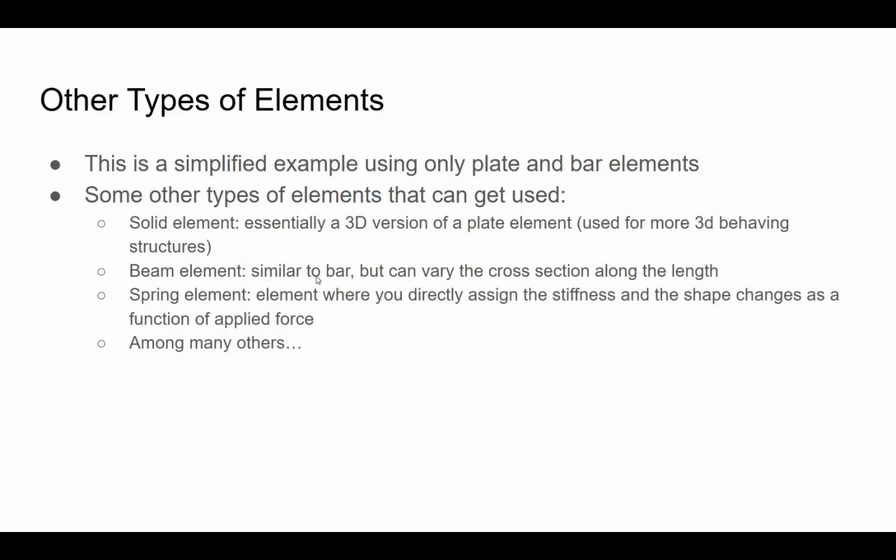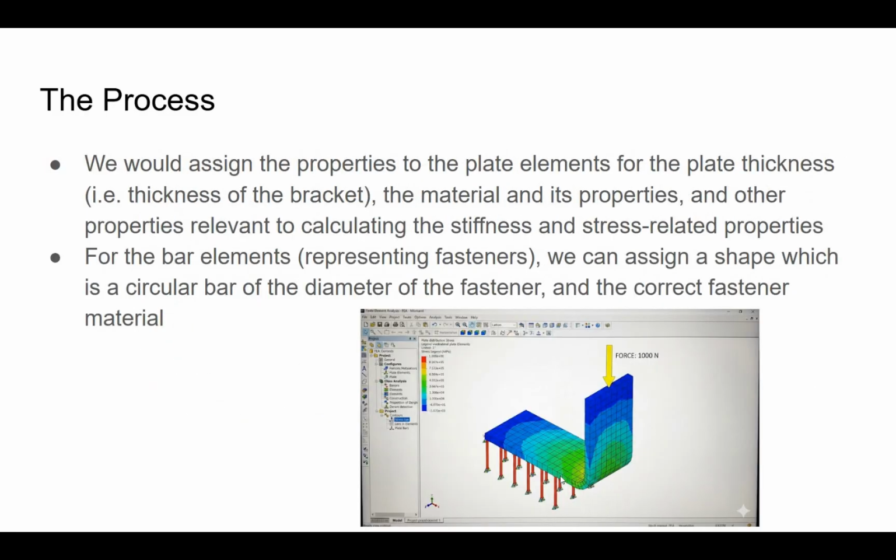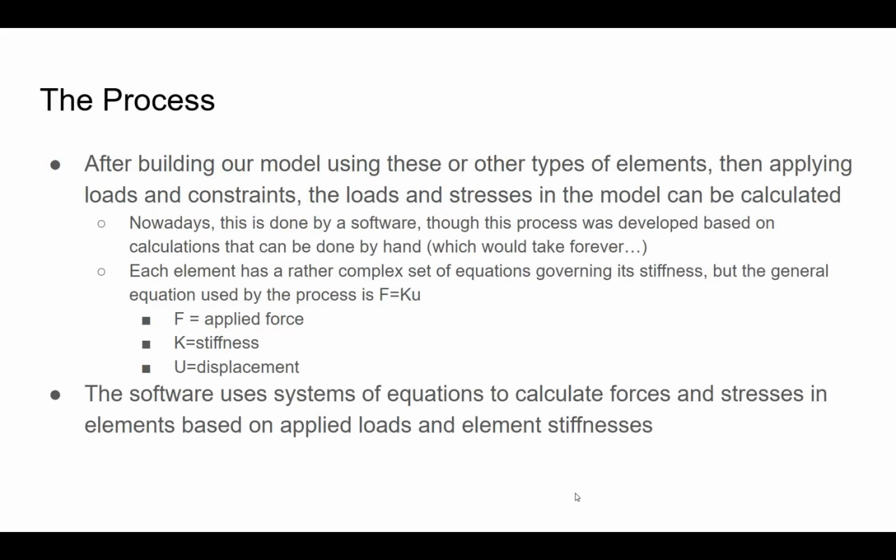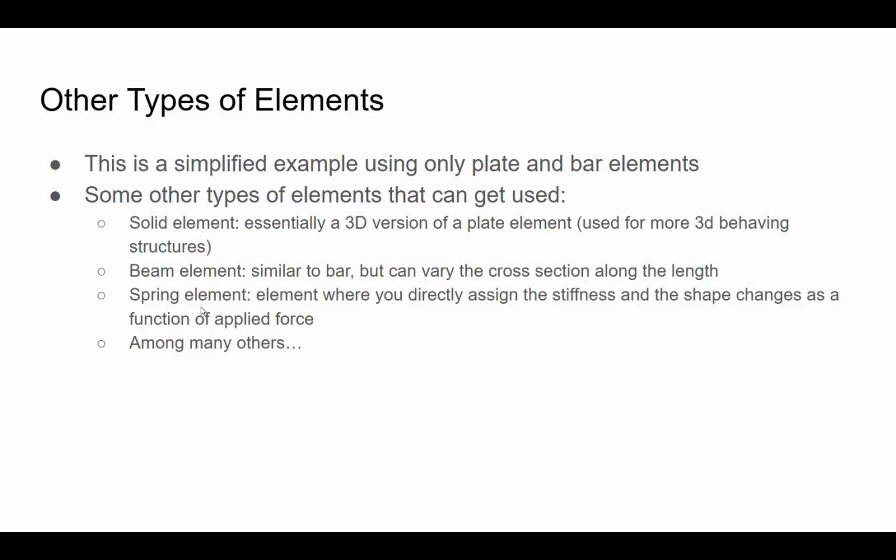Then you've got beam elements, which are pretty much the same thing as bar elements, but the cross-section can actually vary along the length. In this case, we don't have the cross-section varying along the length. These are bar elements. And then spring elements, where the element acts like a spring in a few different degrees of freedom, and you just directly assign the stiffness in each degree of freedom.